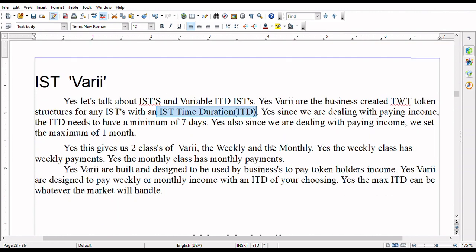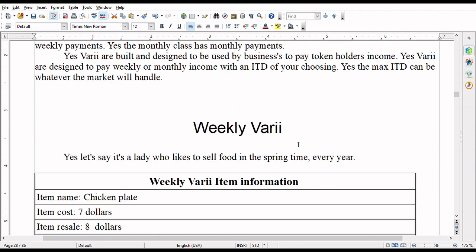We took our calendar and that is how we broke down our IST time duration. We looked at the daily, too short; weekly, nice; monthly, nice; yearly, too long. So we will be focusing on the two main classes of the Varii, which are the weekly Varii and the monthly Varii. And the first structure that we talk about is, of course, the weekly Varii.